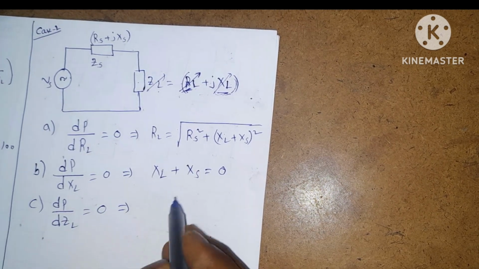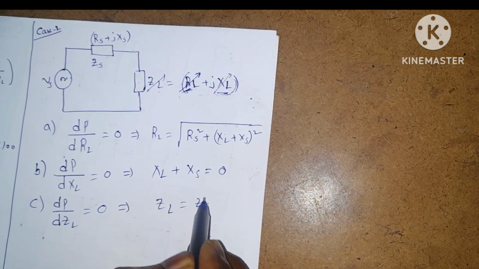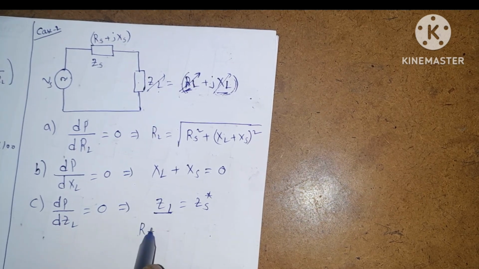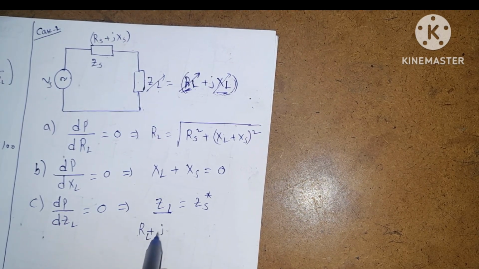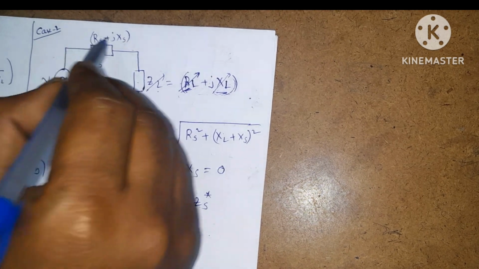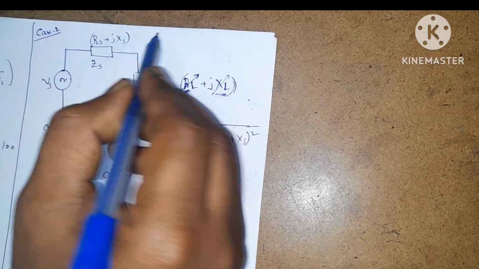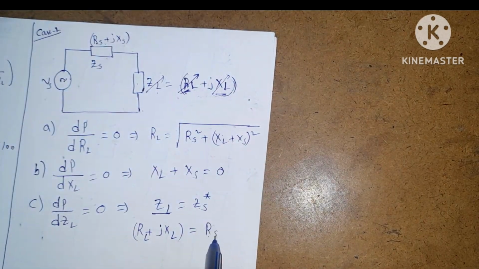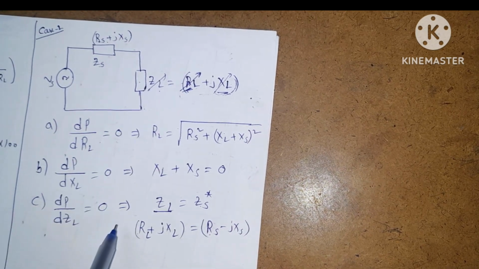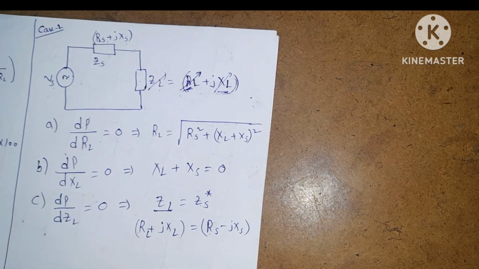Then you will get the condition ZL equal to ZS conjugate. That means if ZL is RL plus jXL, and ZS is RS plus jXS, then conjugate means RS minus jXS. These are the conditions to transfer the maximum power from source to load.